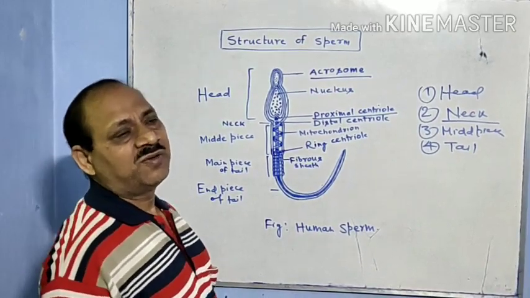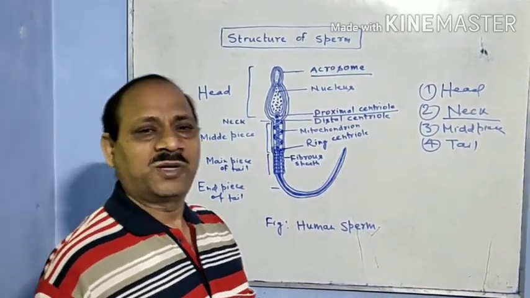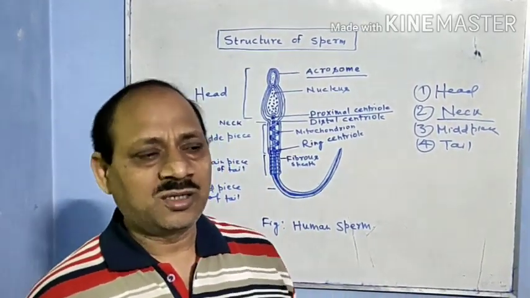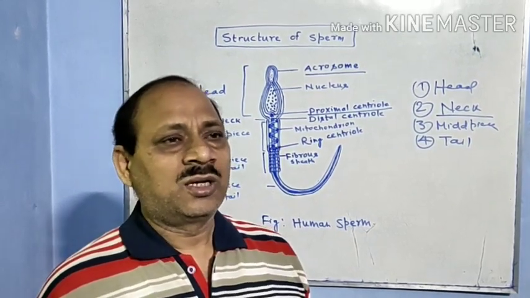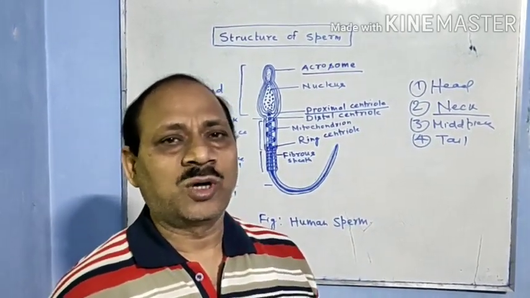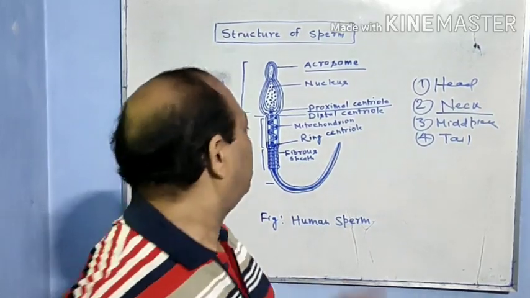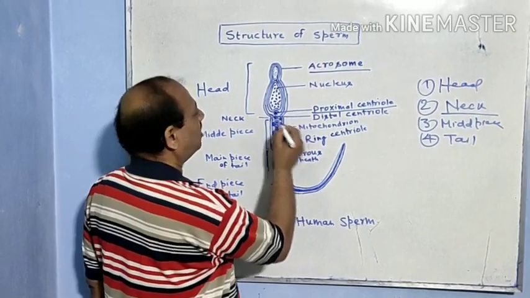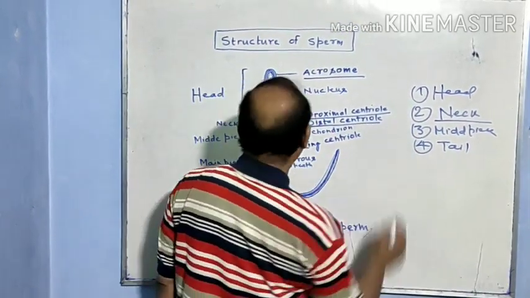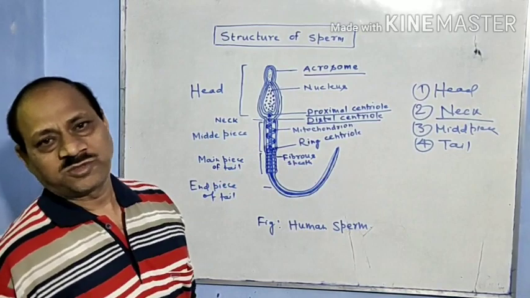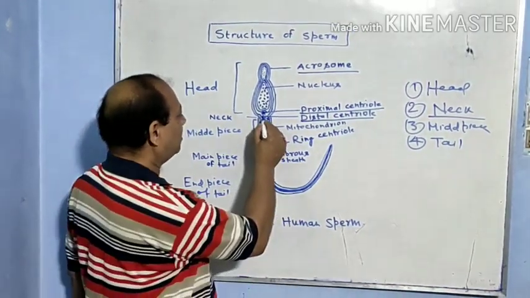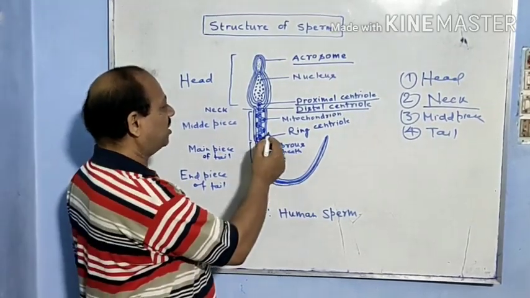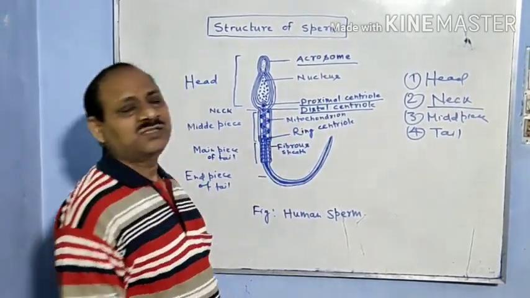Cleavage means division of zygote. Cleavage is a process in which diploid zygote is converted into a mass of cell. It helps in first cleavage and other distal centriole. It forms the axial filament. This rod-like supporting structure is known as axial filament.